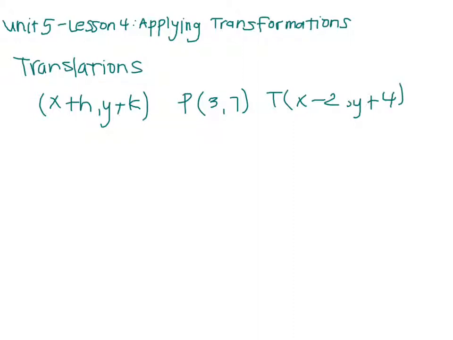Now we're going to be doing that a little bit different. So this t signifies that I'm doing a translation rather than a reflection or rotation. And then we're going to take these vertical shift and horizontal shift numbers, this -2 and +4, and we're going to write them just down here as the subscript.